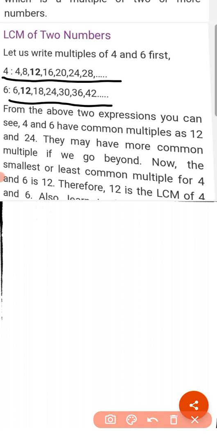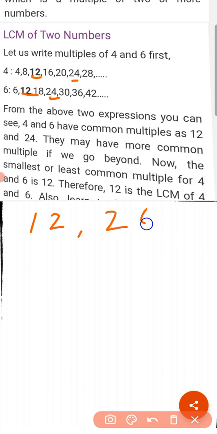So here the common multiples of 4 and 6 are 12 and 24. Common means the number which is present in both.